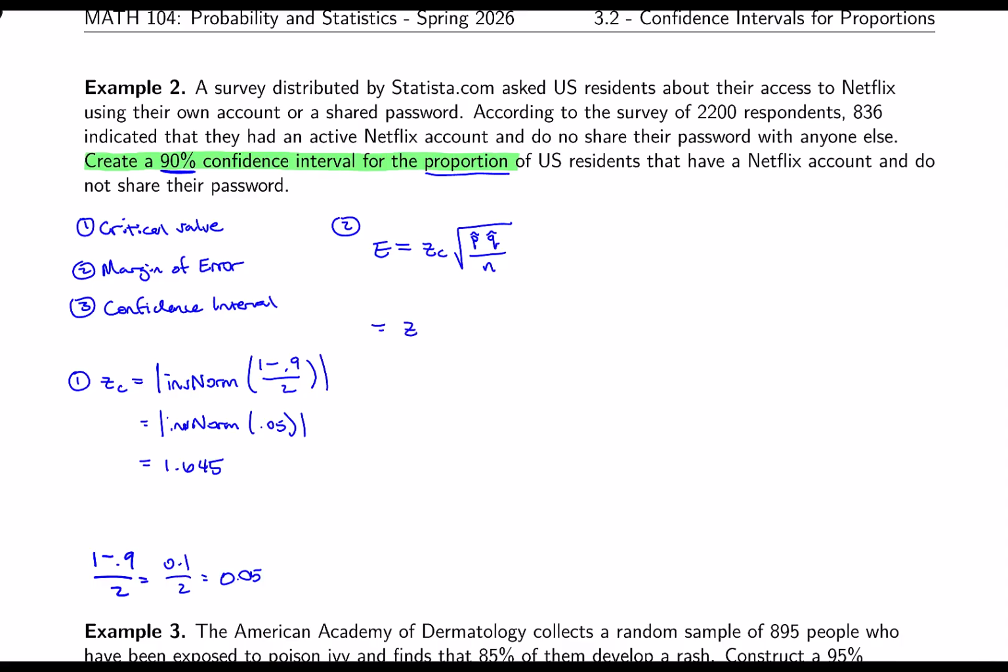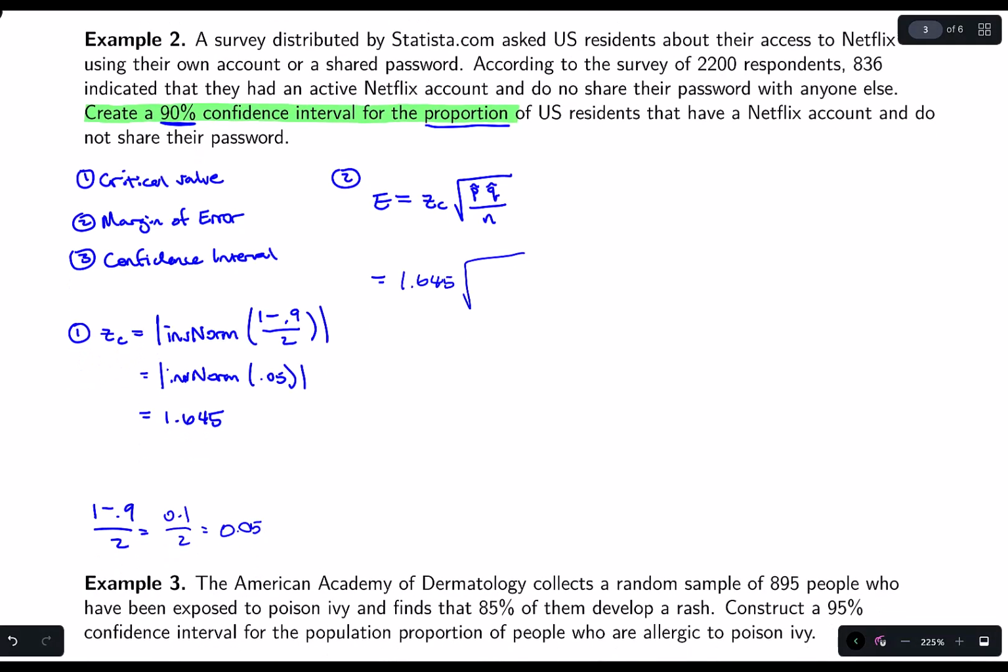So we need to figure out these values. We just came up with z sub c, the critical value, that's 1.645. But we need to figure out p hat, q hat, and n. Now p hat is the proportion out of the sample that favors our event.